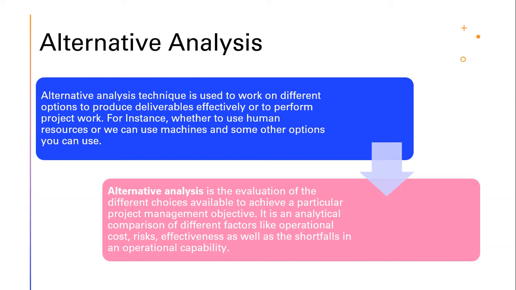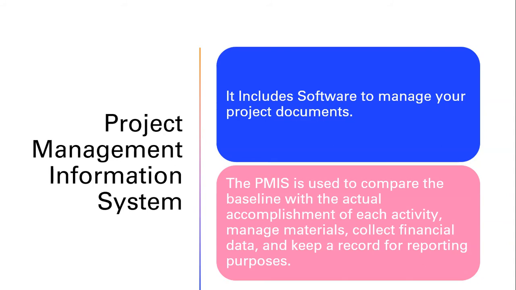So alternative analysis is the evaluation of different choices available to achieve a particular project management objective. It is an analytical comparison of different factors like operational cost, risk, effectiveness, as well as shortfalls in an operational capability. This is a very useful tool and technique.